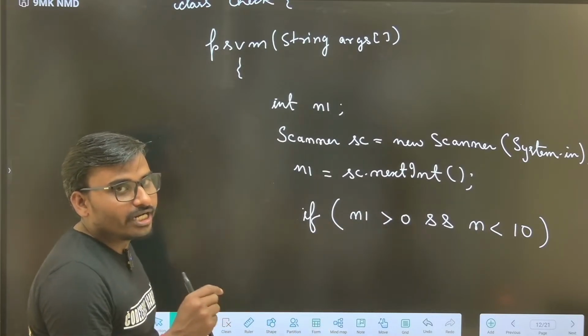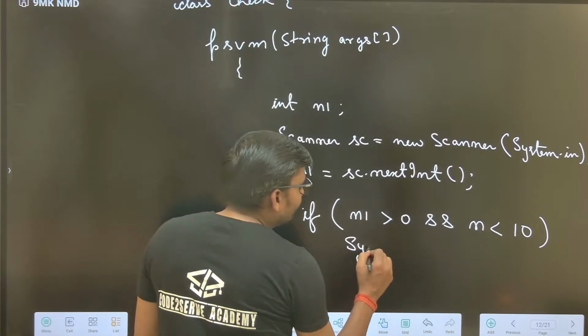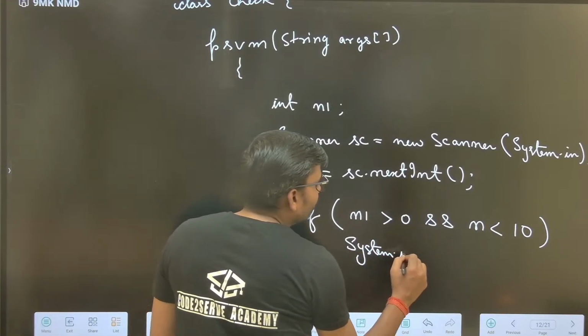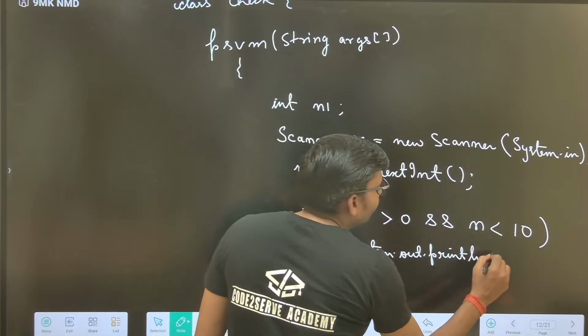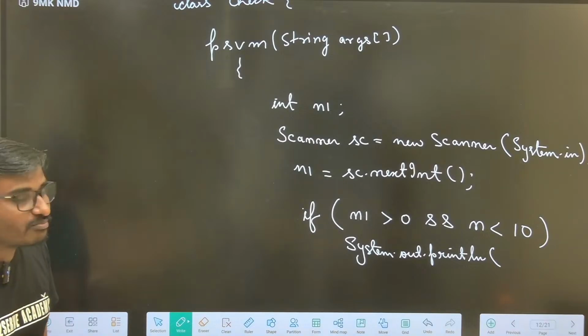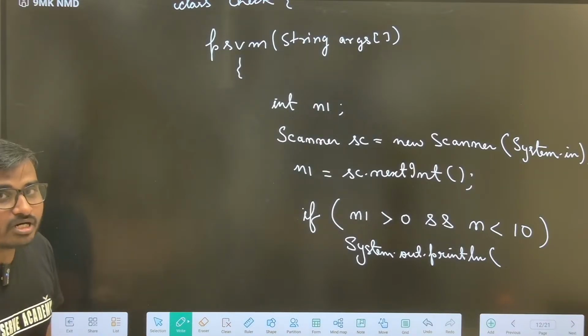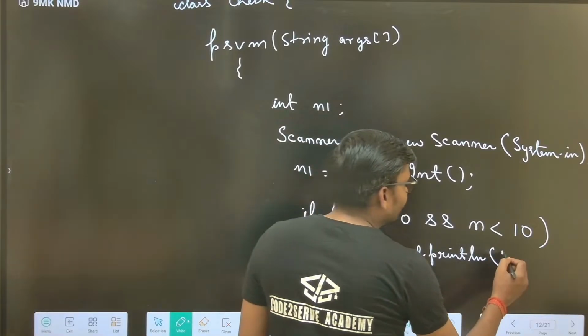So we don't need to write the curly braces. So directly we'll write system dot out dot println, and over here we will display a message like the number is a single digit number. So we'll write over here single digit.